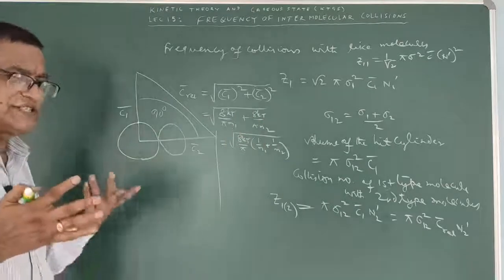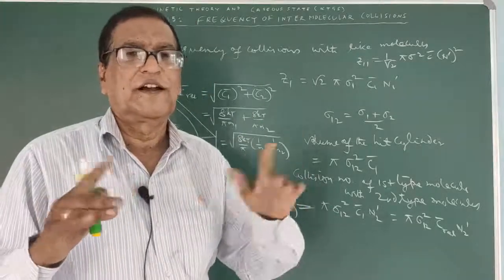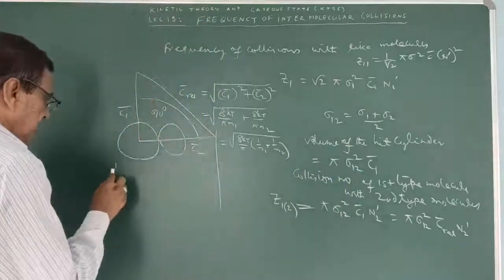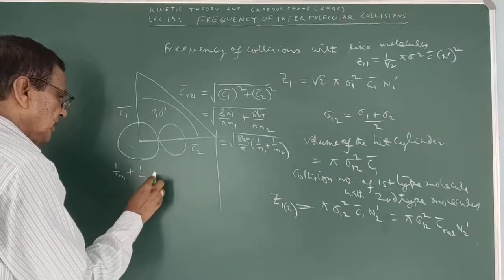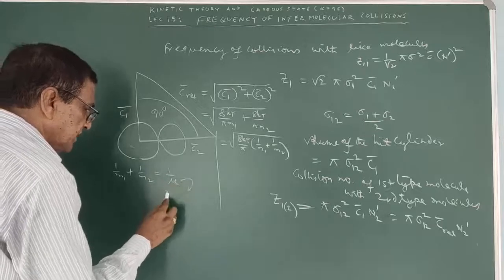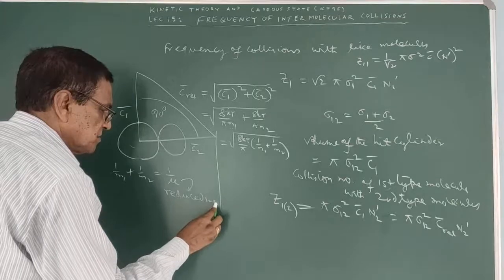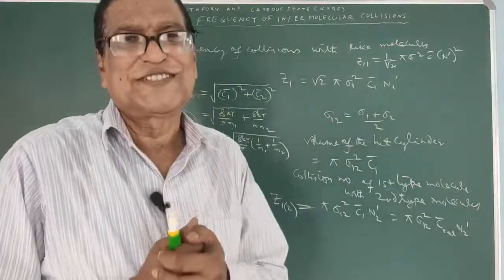And you have probably seen when you were reading Bohr's theory, this 1 by M1 plus 1 by M2 is equal to 1 by mu, mu the reduced mass of the two molecules.